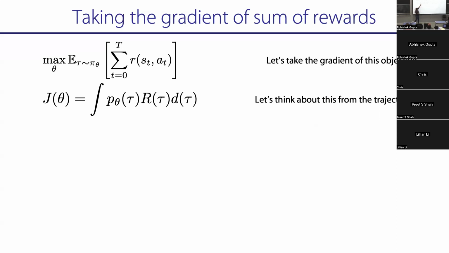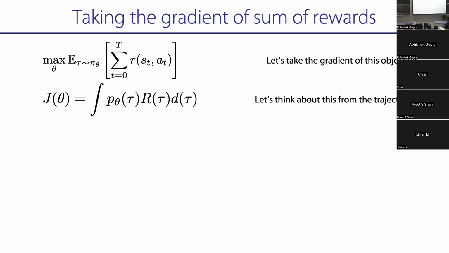You can think of a trajectory as a sequence of states, actions, rewards, states, actions, rewards. And you can think of the expected reward as the likelihood of the trajectory times the reward of the trajectory, integrated over. So that's the expected reward in the trajectory view.